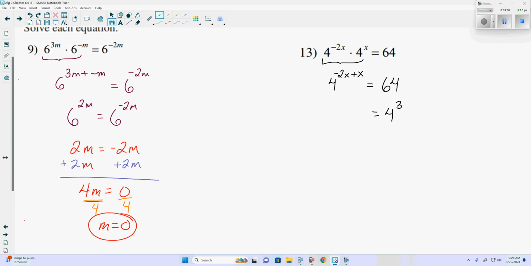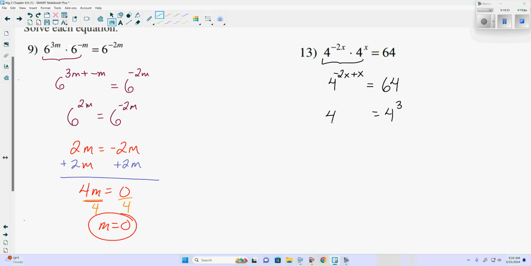But if I can change it to a number to a power, here we want 4 because the other side's base is 4. Because if the bases are the same, the exponents have to be also. So if we can rewrite it as 4 to a power, that helps us. Because 64 is now 4 to the third.